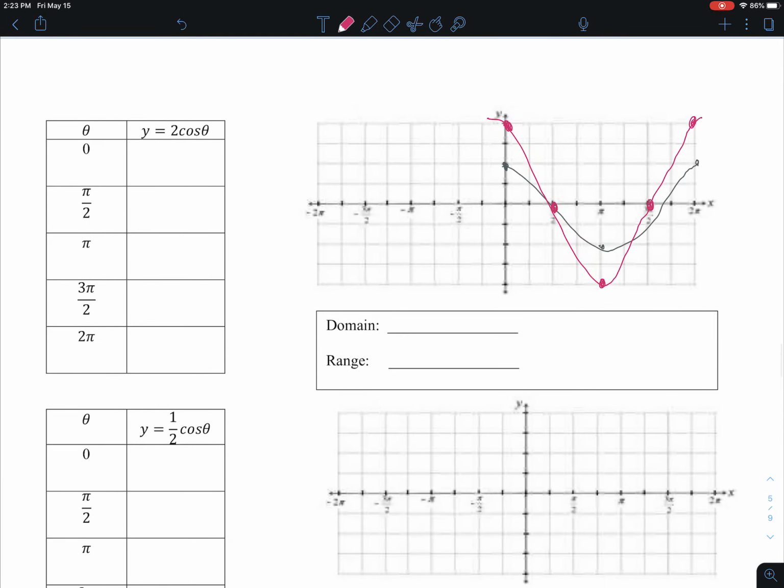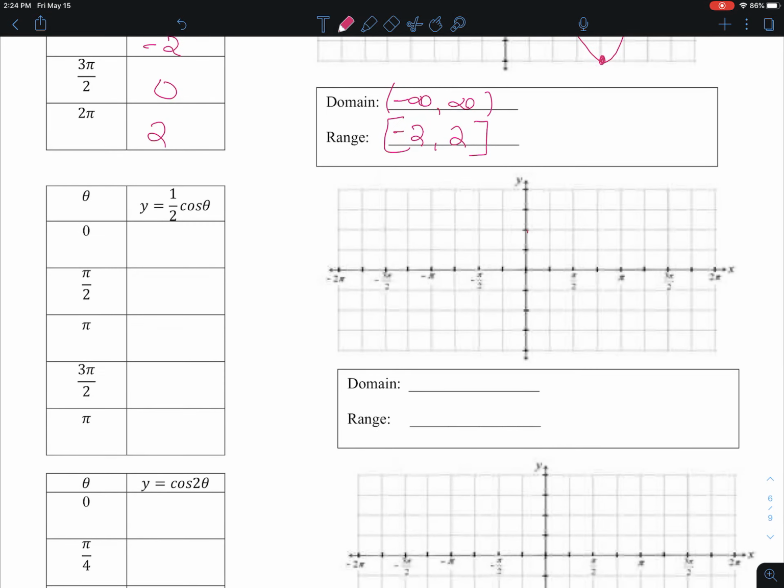So it is a vertical stretch. So these numbers would be 2, 0, negative 2, 0, 2. And again, the domain, negative infinity to infinity, range, negative 2 to 2.